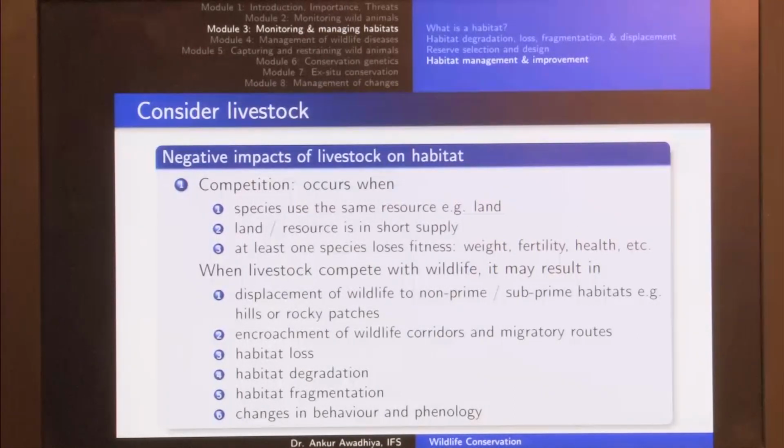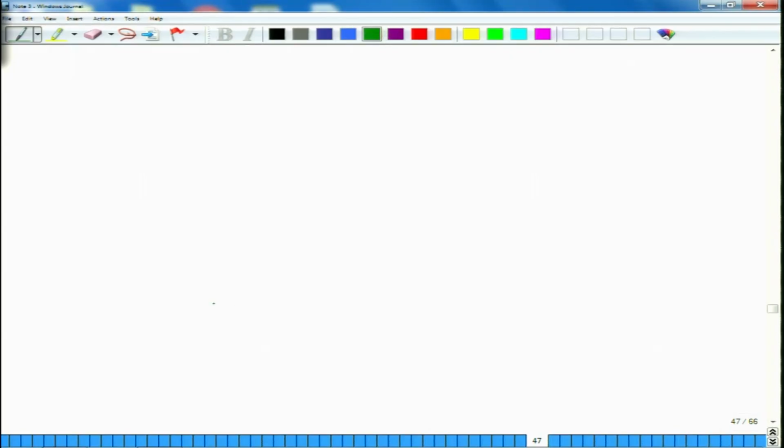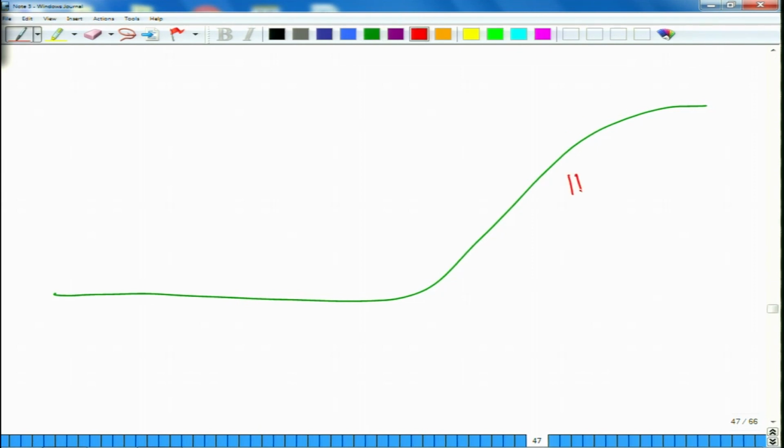When livestock compete with wildlife, it results in a number of other impacts. It displaces wildlife to non-prime or subprime habitats, for example hills or rocky patches. As we saw in a previous lecture as well, suppose we have an area that has a hill and also has a piece of grassland.